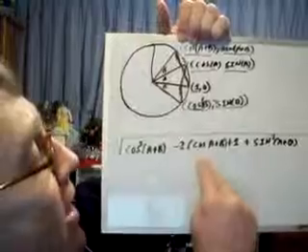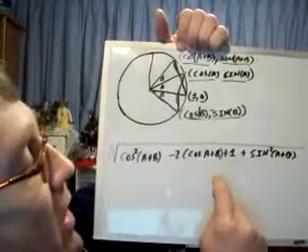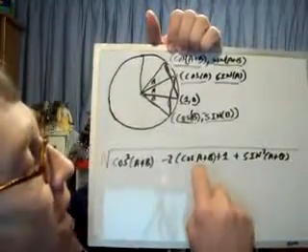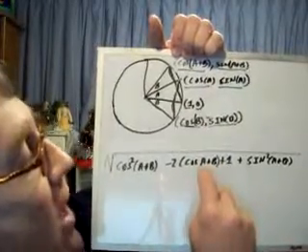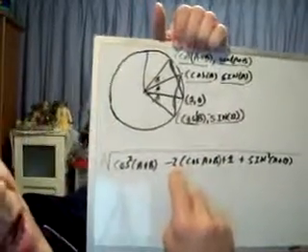Well, it'd be like taking -1 times x. Well, that would produce you a negative x. Now, if you had negative x plus negative x, you'd have negative 2x. Same type of deal here. So what we've done is we said that there is -2 times cosine A plus B. So what we do is we first add up A plus B, find the cosine of that, then we multiply that by -2.